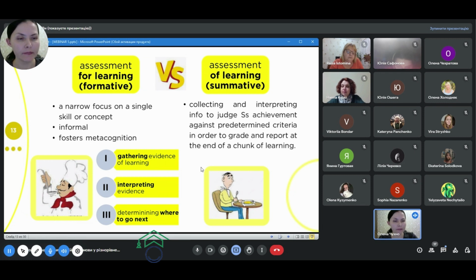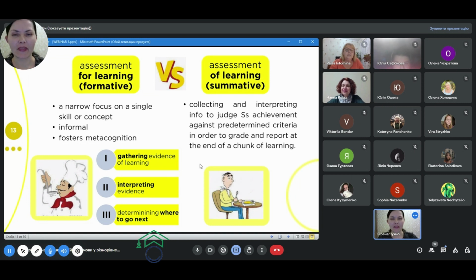Assessment of learning is defined as collecting and interpreting information to judge students' achievements against some predetermined criteria. And this assessment is conducted in order to grade students and report at the end of a chunk of learning. This assessment is compared with a customer trying the soup. So actually nothing can be changed. That is the final result.